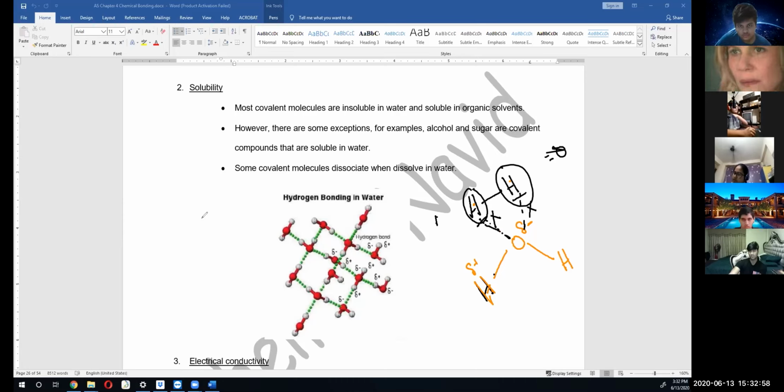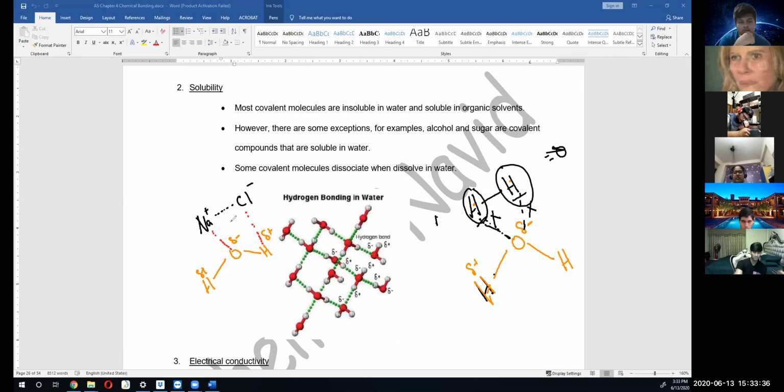On the other hand, if you take sodium chloride, and then you have water. Here we can see that there are opposite charges. Positive charge will attract the negative charge, and the negative charge will be attracted by the positive charge.